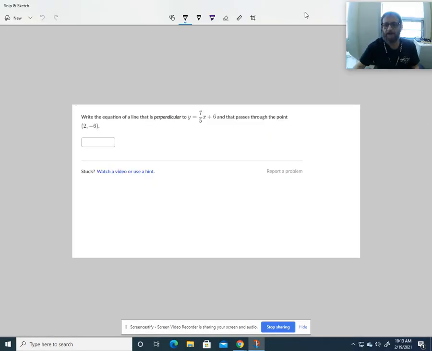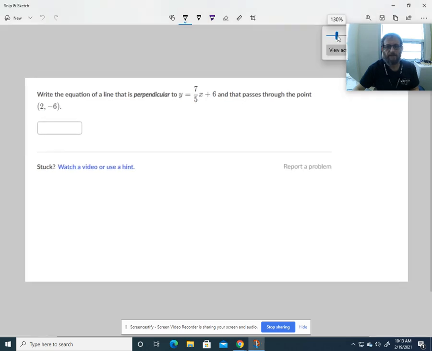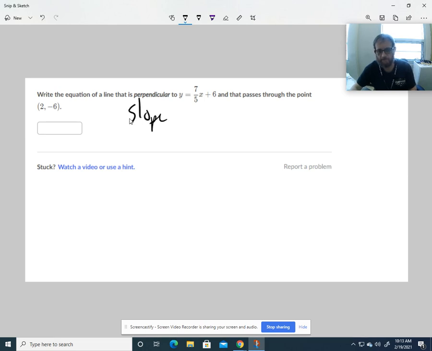So here's my equation. Okay, so what's really the key to this problem is understanding that the slope of my line is 7/5. The slope of my perpendicular line is the opposite reciprocal. It's -5/7.